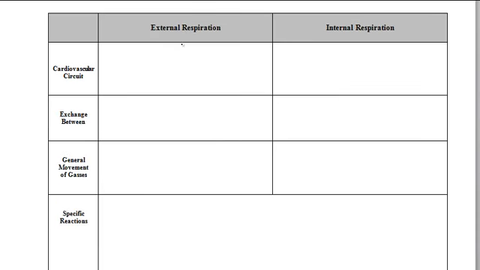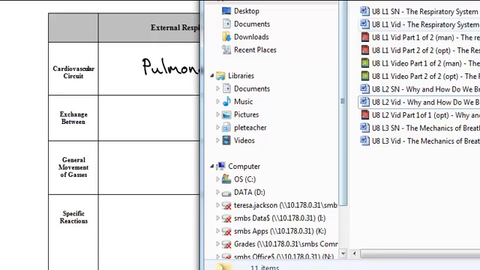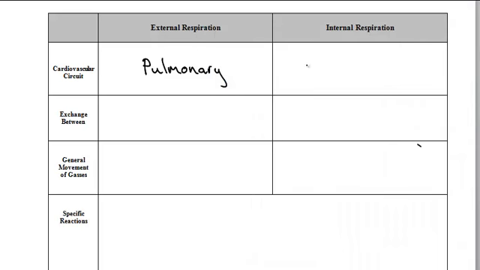Just a quick review. If you're doing external respiration, which cardiovascular circuit are you going to use? Systemic or pulmonary? Because it's with the external environment where the air is, it is going to be pulmonary. Which then means internal respiration involves your systemic system or systemic circuit.